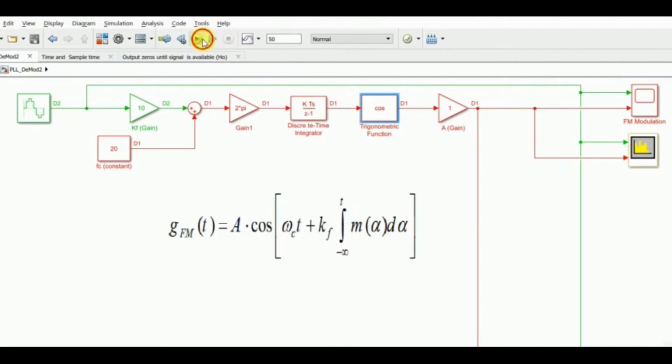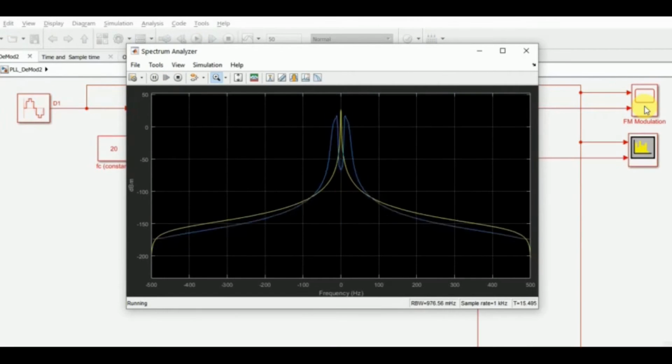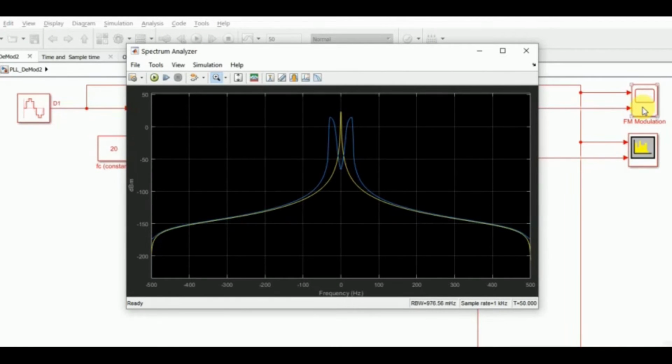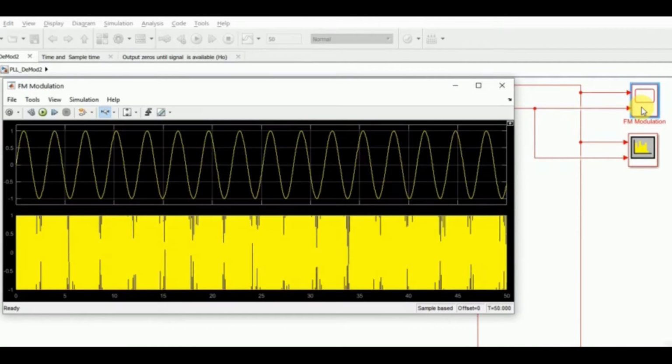So if we simulate it, we have a time domain signal over here, and this is our message signal, the upper plot in time domain, and this is frequency modulated signal.